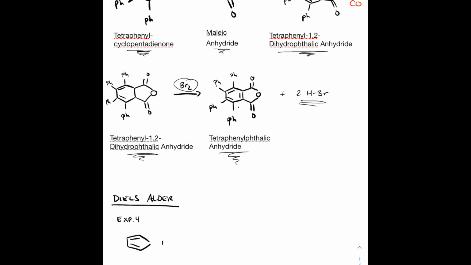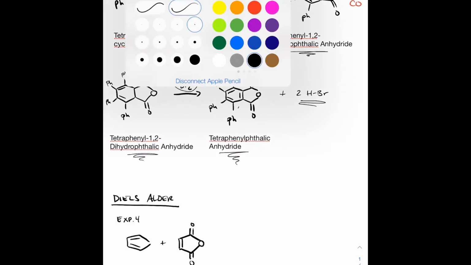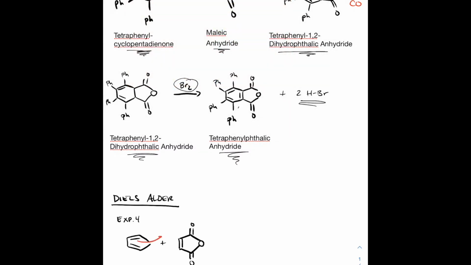So recall that the Diels-Alder between cyclopentadiene as well as maleic anhydride, shown here, was a shuffling around of pi bonds to make new sigma bonds. And remember, with a Diels-Alder reaction, we always form a cyclohexene. One thing I want to point out above is that in the dihydrophthalic anhydride, that's not a cyclohexene ring, and it's because something a little extra goes on in that.